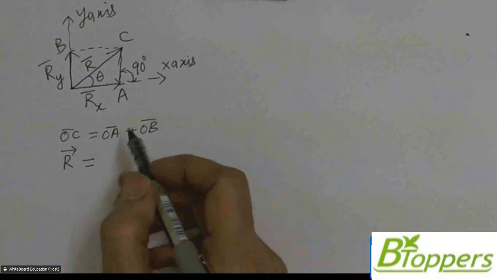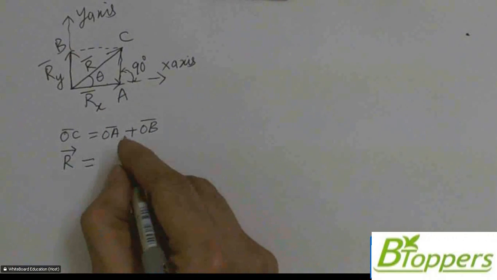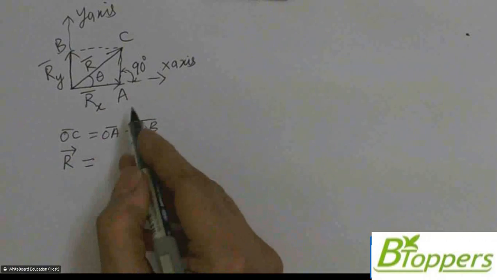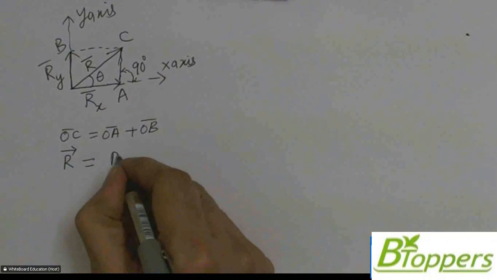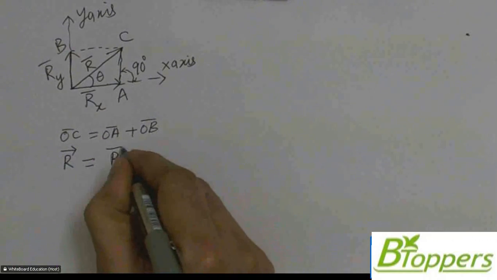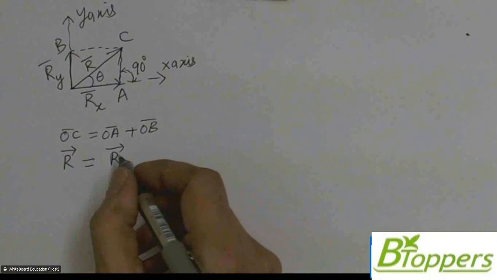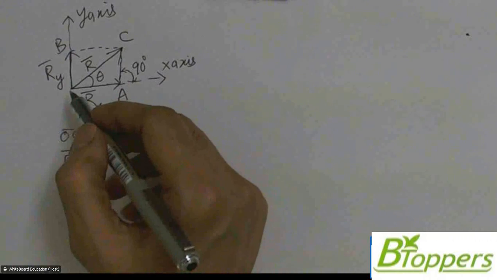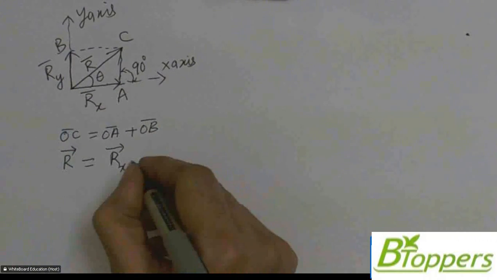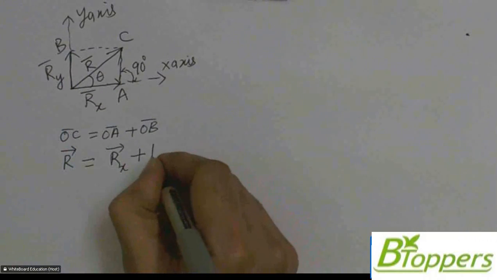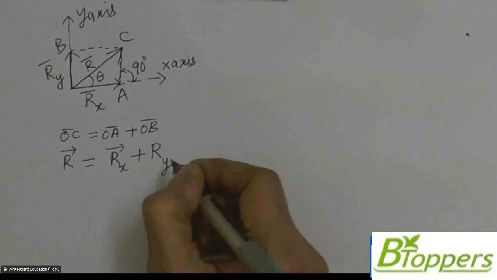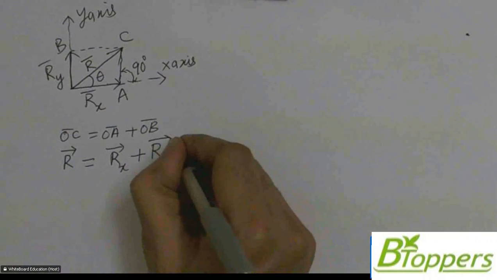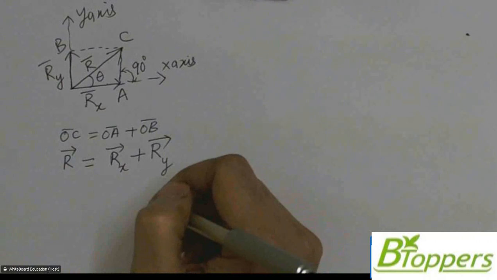The directed line segment OA bar is called the x component of the vector R bar, which is denoted by Rx bar. The component OB bar, which is directed parallel to the y-axis, is called the y component of the vector R bar, which is denoted by Ry bar.